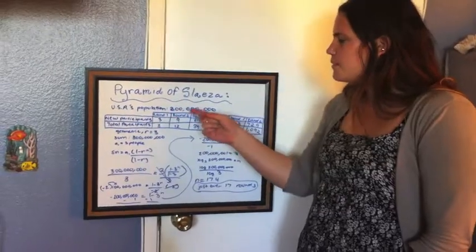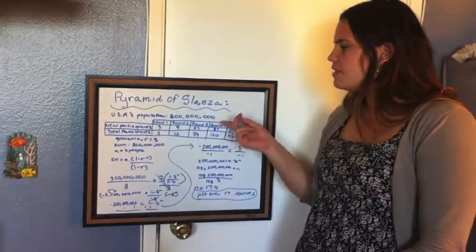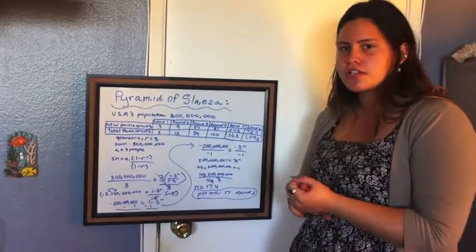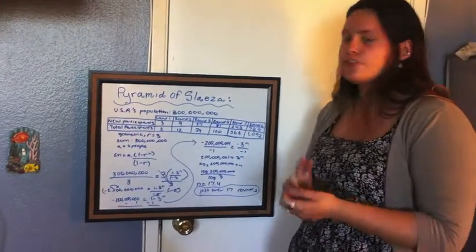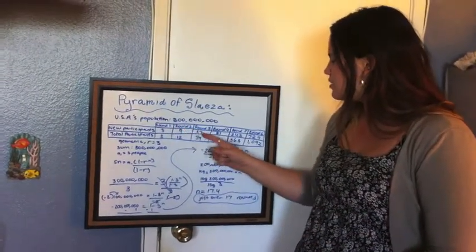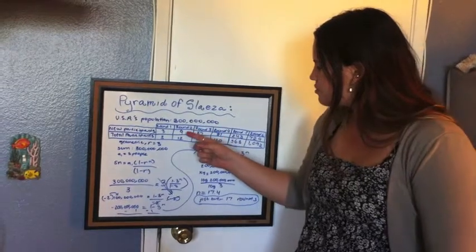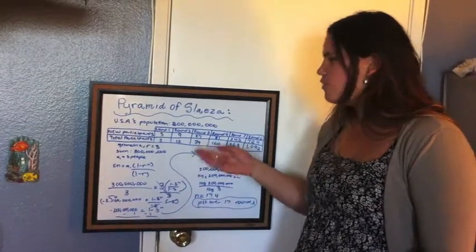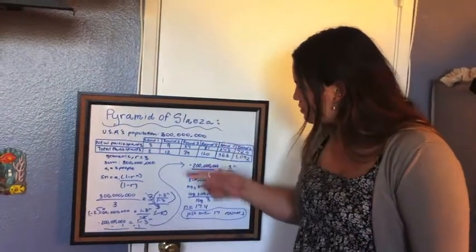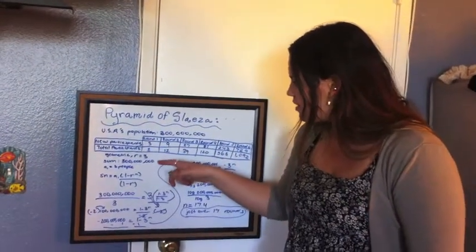The United States whole population is 300 million people, and if we were doing a pyramid scheme where 3 members were chosen and each member had to recruit 3 more people, the numbers would go in this type of order, because each person would have to recruit 3 people. So the 3 people that got picked had to recruit, and then it just keeps going down and down through the pyramid scheme.